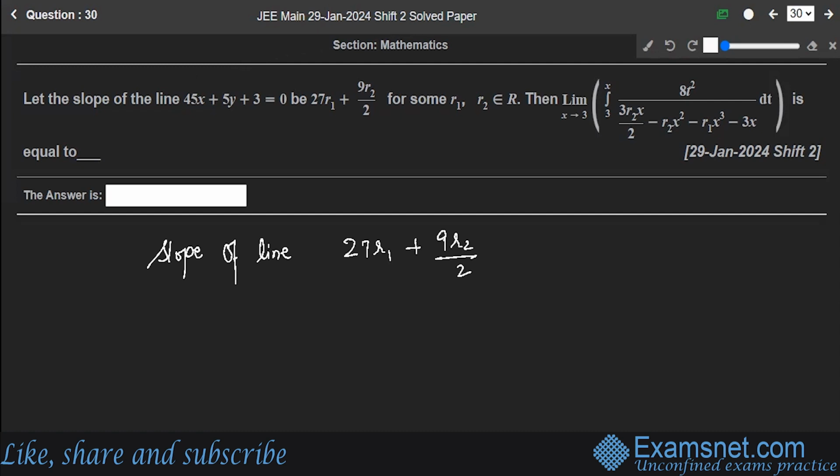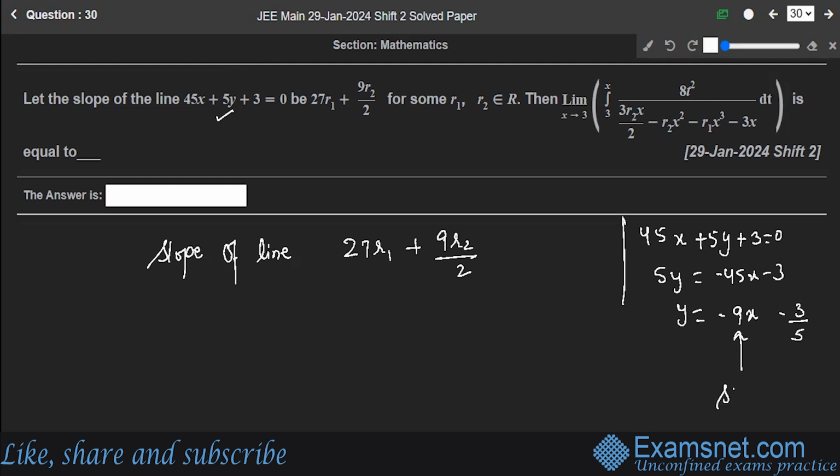According to this question, you have the equation 45x plus 5y plus 3 is equal to 0. You have 5y is equal to minus 45x minus 3, or y is equal to minus 9x minus 3 by 5. From here, the slope is minus 9. So that means this slope is equal to minus 9, right? Let's multiply both sides by 2: 54 r1 plus 9 r2 plus 18 is equal to 0.